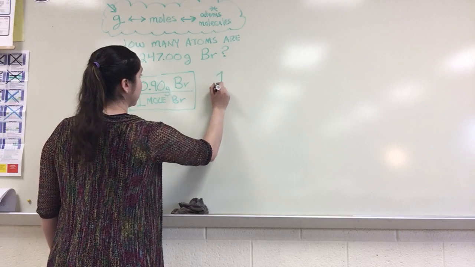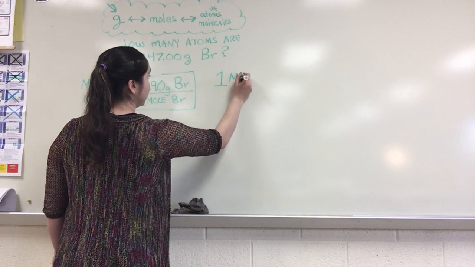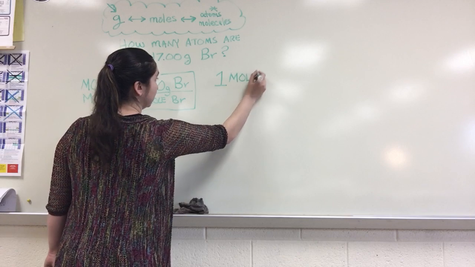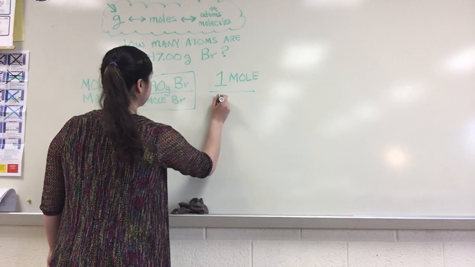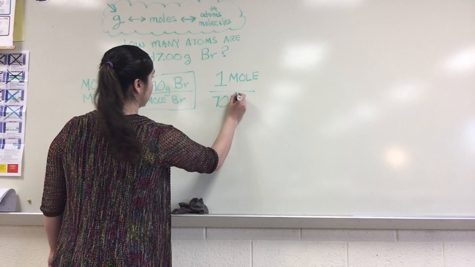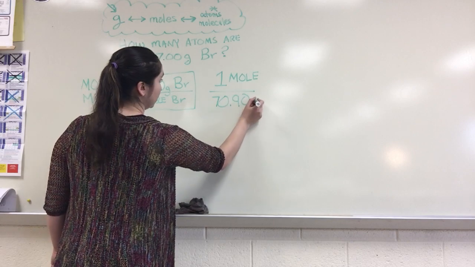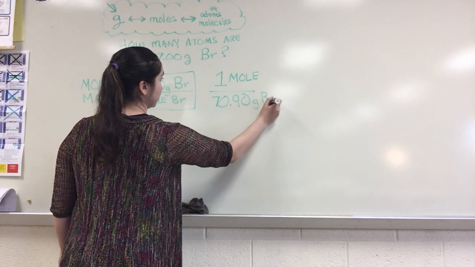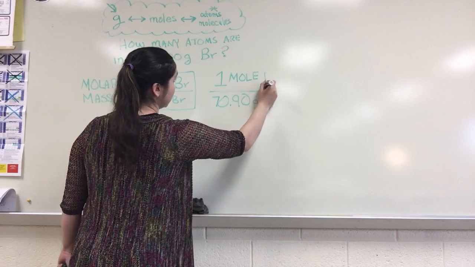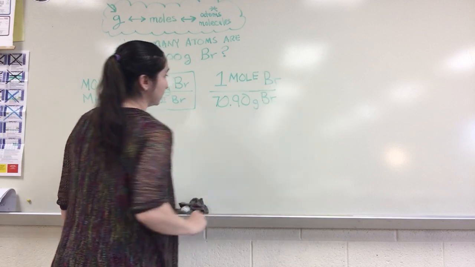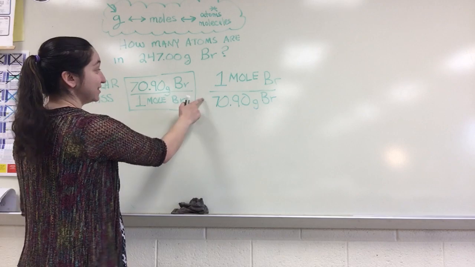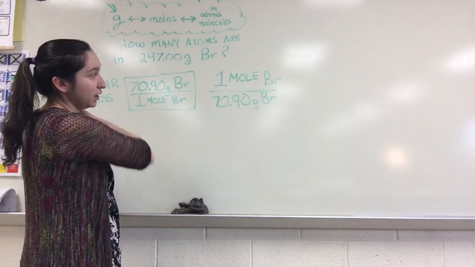I could say that in 1 mole, there is 79.90 grams, let me just be specific, of bromine in 1 mole of bromine. It's the same thing, all right?